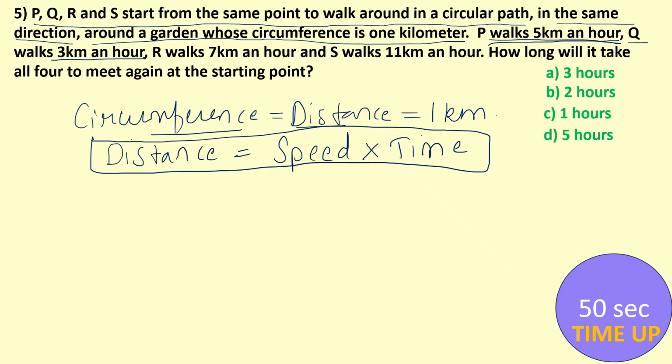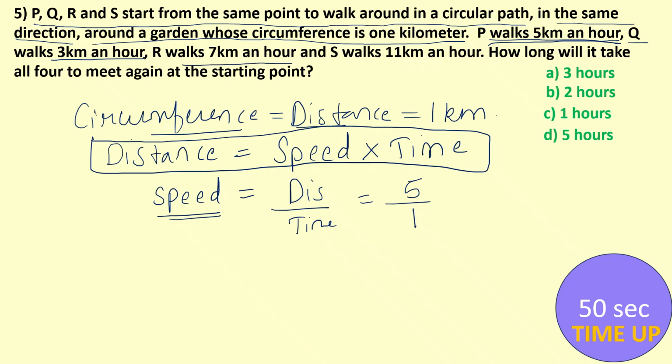Circumference means distance is already given for all four of them. Speed is given, like 5 kilometer an hour. So speed is already given. So what is asked? R walks 7 kilometer an hour and S walks 11 kilometer an hour.